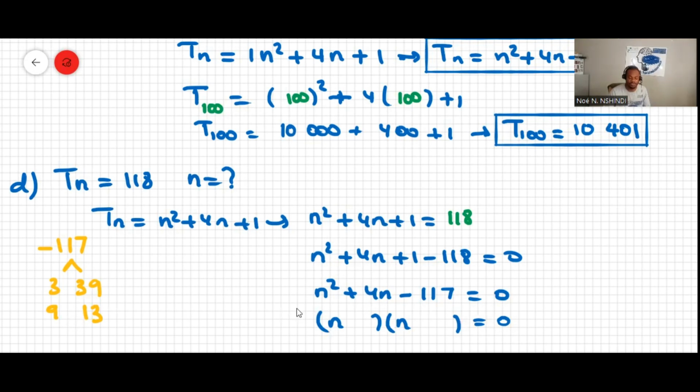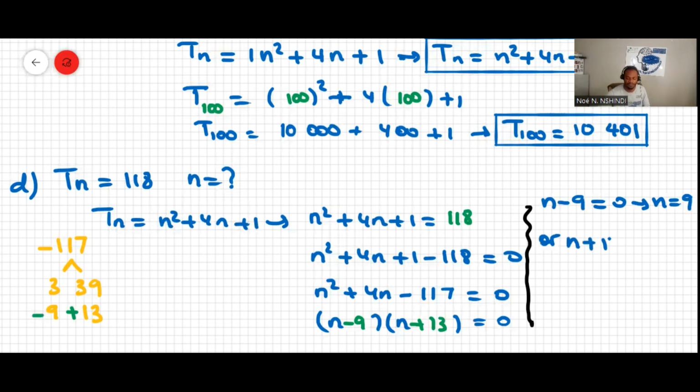So now we need to see which couple will make a sum equal to 4. We can see with 9 and 13, if this is a minus 9 and then positive 13, minus 9 plus 13 gives 4. So n minus 9 is 0, which means n equals 9, or n plus 13 equals 0, which means n equals minus 13.